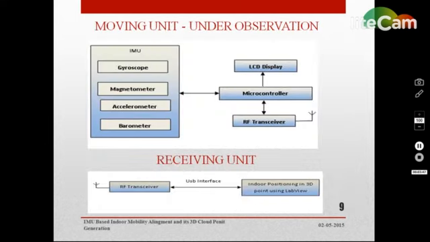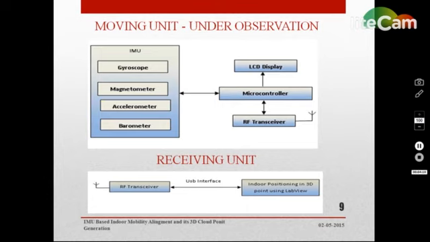And this is the moving unit block diagram and the receiving unit block diagram. In the moving unit, we have used an IMU with a combination of several sensors like gyroscope, magnetometer, accelerometer, and barometer. This combined IMU unit is connected to a microcontroller along with LCD display and RF transceiver.